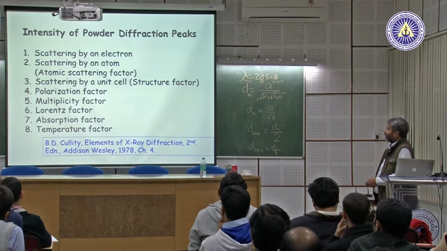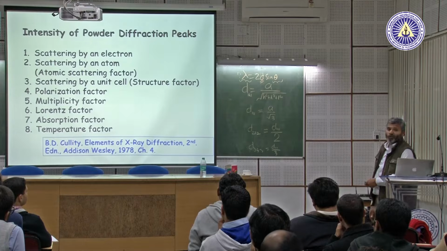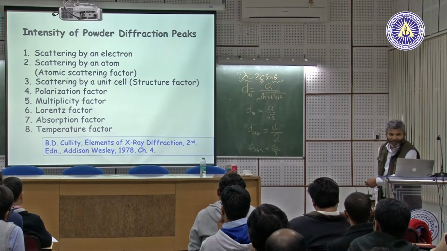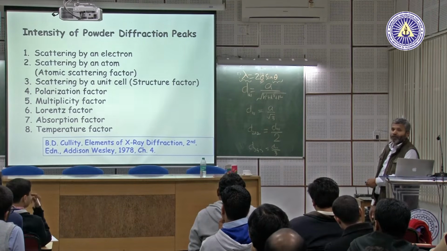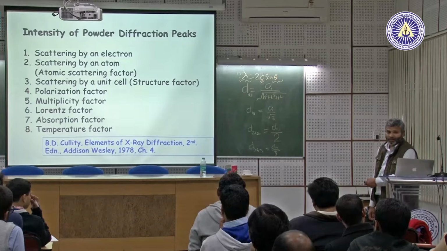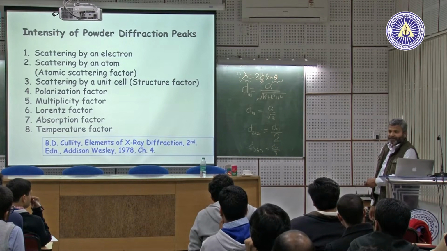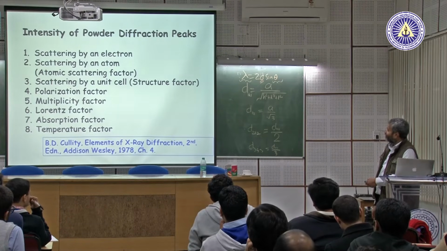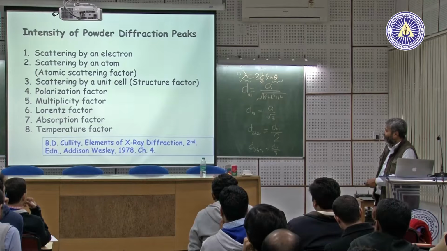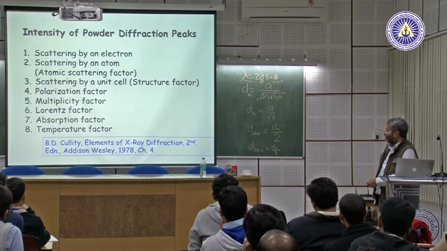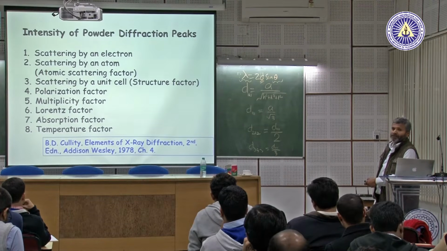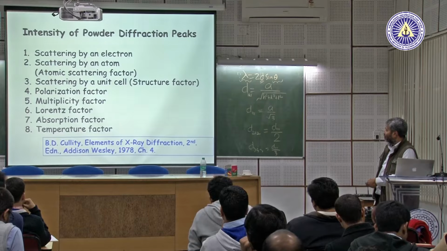But it is thanks to one very famous author in the X-ray diffraction field. Any of you who ever have to touch any X-ray machine or write any X-ray examination should start, the starting point always is B. D. Cullity's Elements of X-ray Diffraction. It is an excellent text, very old now.